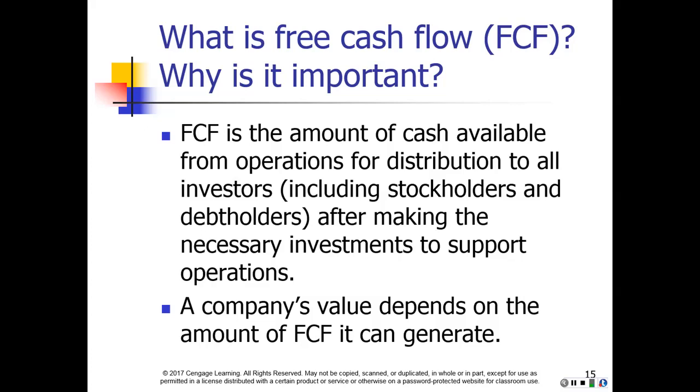So what's free cash flow? Free cash flow is the amount of cash available from operations, right, for distribution to all investors. All investors include stockholders and bondholders, or debt holders. So it's not just the cash available from operations, but cash available from operations minus the cash used in making the necessary investment to support operations, right?